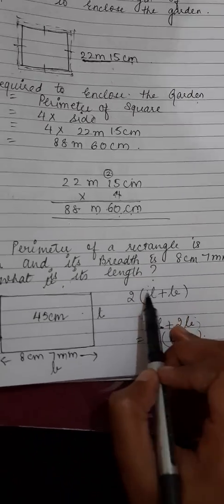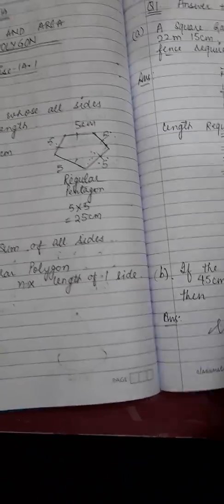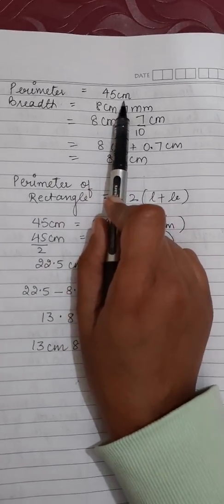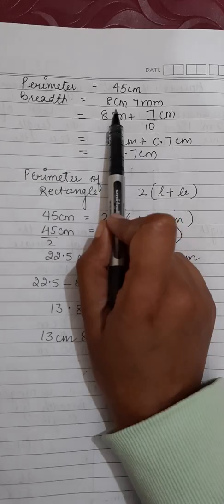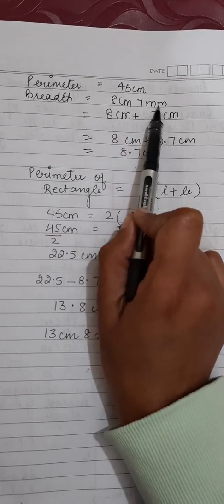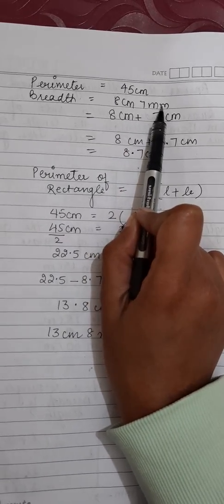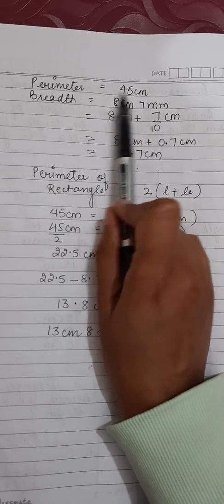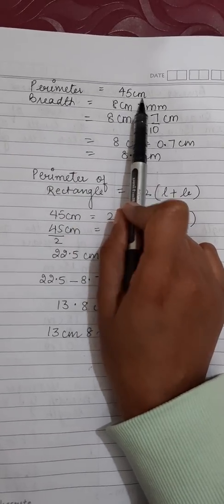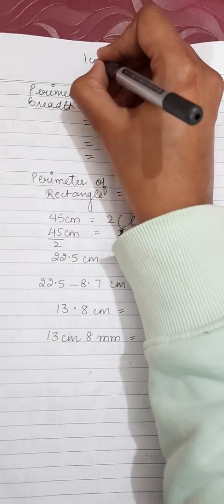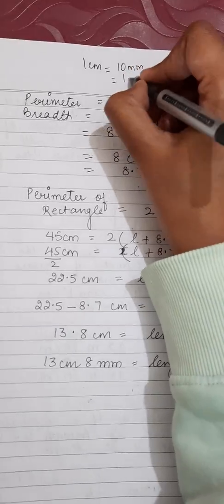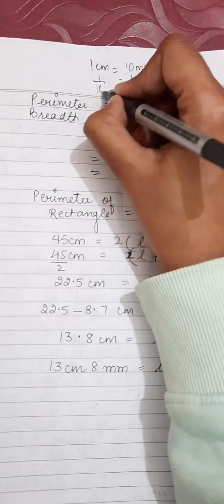Okay. Now in this question, the perimeter of the rectangle is given as 45 centimeters. Breadth is given as 8 centimeters 7 millimeters. So you are going to convert these units into centimeters because the perimeter is given in centimeters. We know that in 1 centimeter, 10 millimeters are there. Then 1 millimeter is 1 upon 10 centimeters.